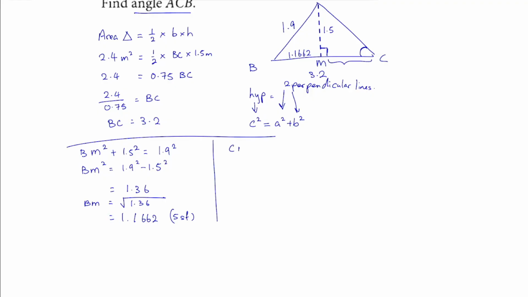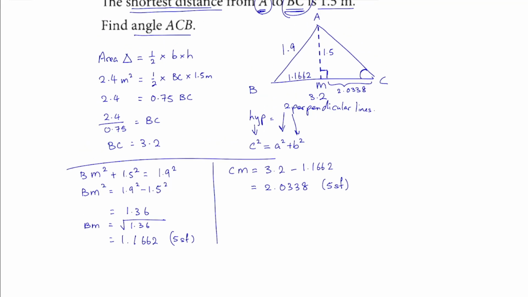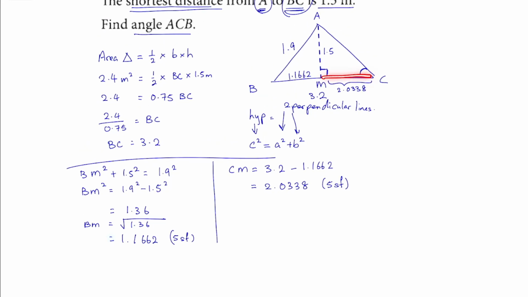So CM equals to 3.2 minus 1.1662 equals to 2.0338. This is 5 SF. With this information, I can find this angle already.